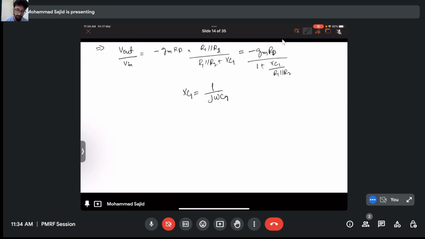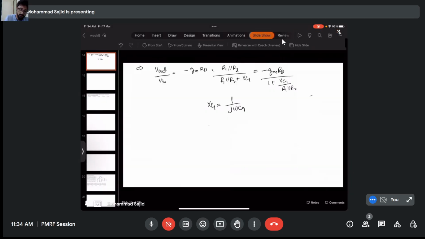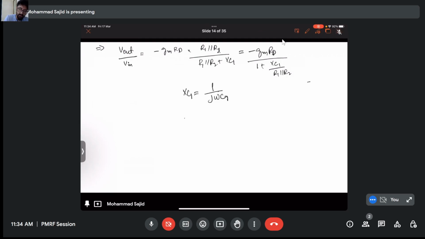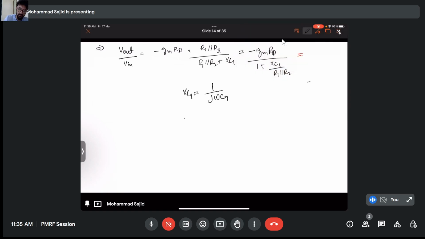Alright, or we could have written it in this way: minus GM RD divided by 1 plus 1 by j omega C1 R1 parallel R2.